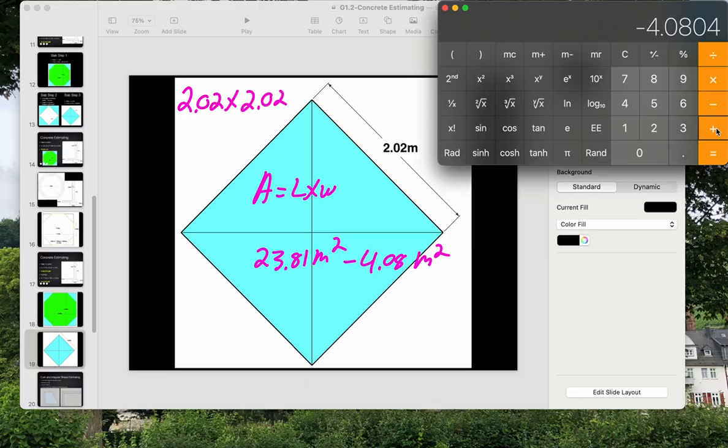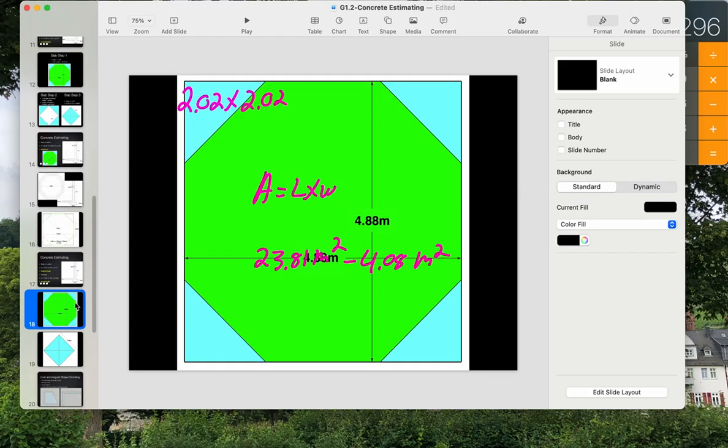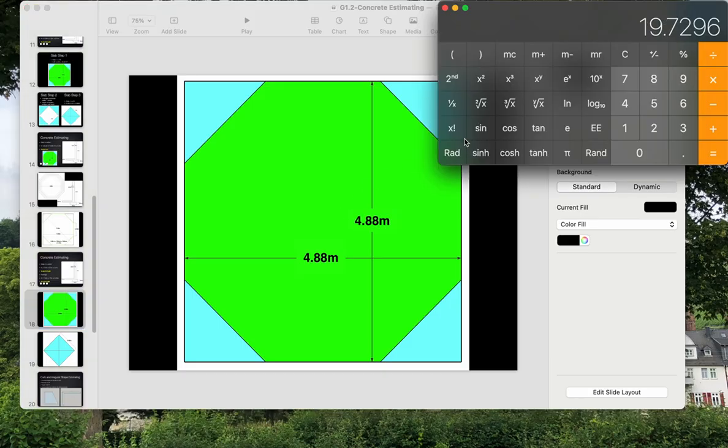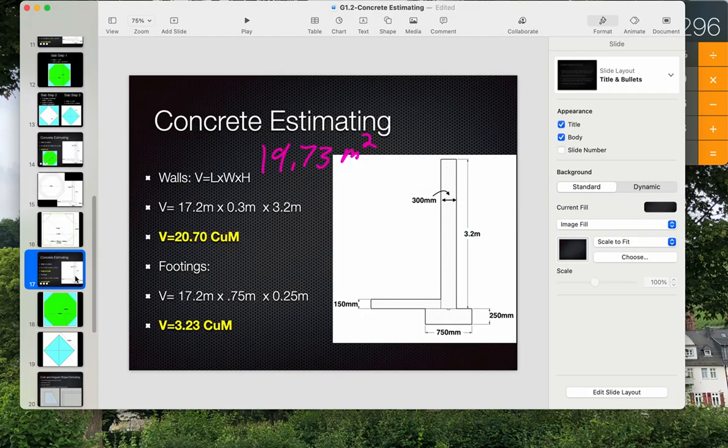Sorry, I inverted it. Anyway, so this is 23.81 minus 4.08. And we have a final area of the green space of 19.73 meters squared.